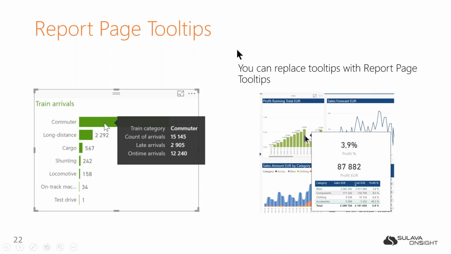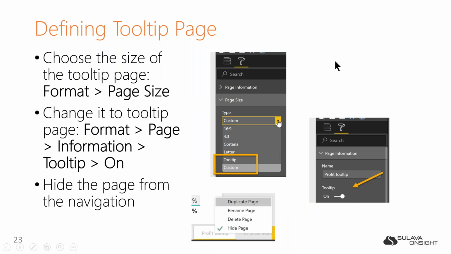And how do you build a tooltip page into your report? First, you add a new page and choose a suitable page size, usually quite small. It can be a small page, or there is also this tooltip option available. I don't remember what was the size with the tooltip. You can study it yourself, but it's a tiny small page.